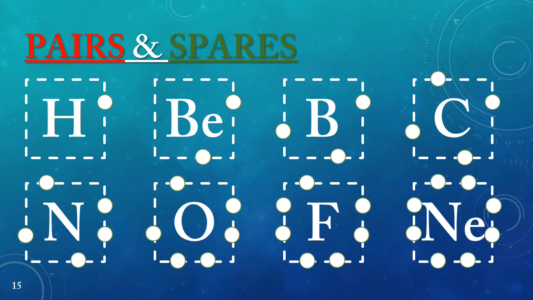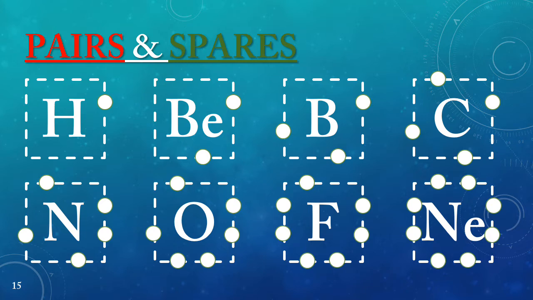Carbon's 4A, nitrogen's 5A, oxygen 6A, 7A is fluorine, and neon is 8A. And as you can see, as we go through the different groups, they have that number of valence electrons. So hydrogen was 1A and it has 1, and boron is in 3A and has 3, and so on.